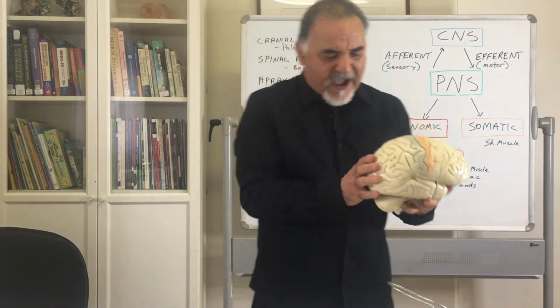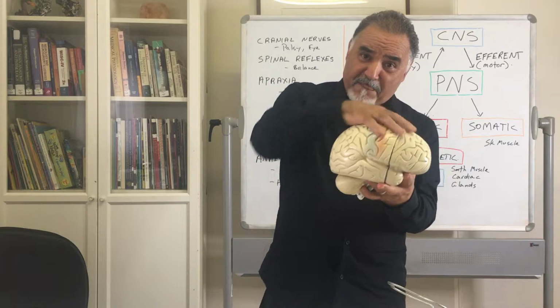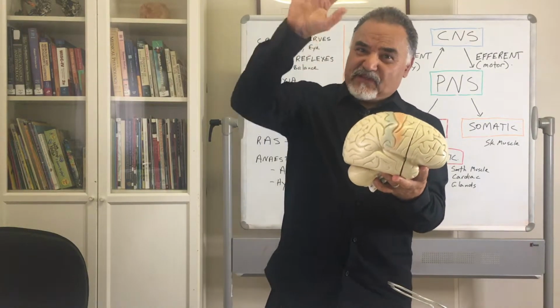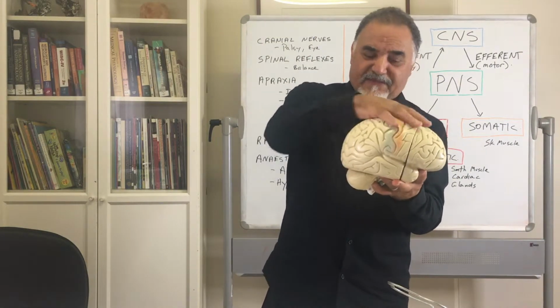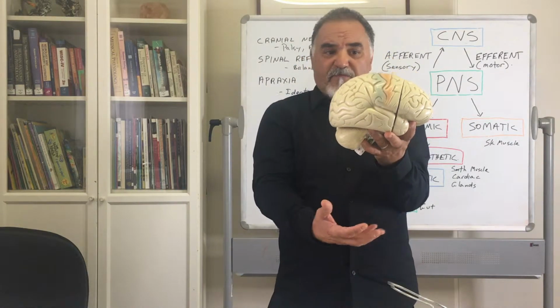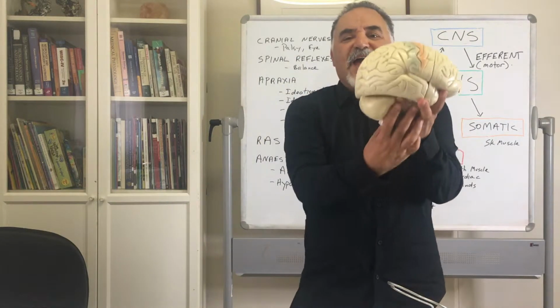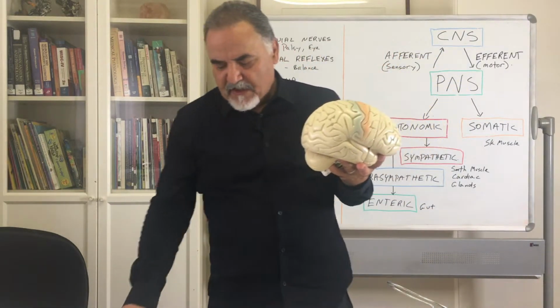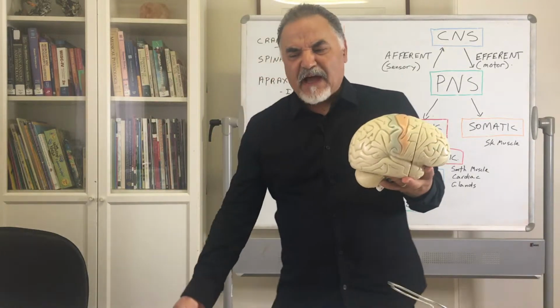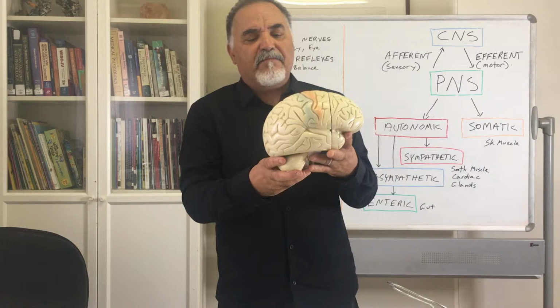And then we have the top, which is the dorsal. Think of a shark with its dorsal fin: dorsal at the top, and the bottom is ventral. So anterior, posterior, dorsal, and ventral. That's orientation: front, back, top, and bottom.